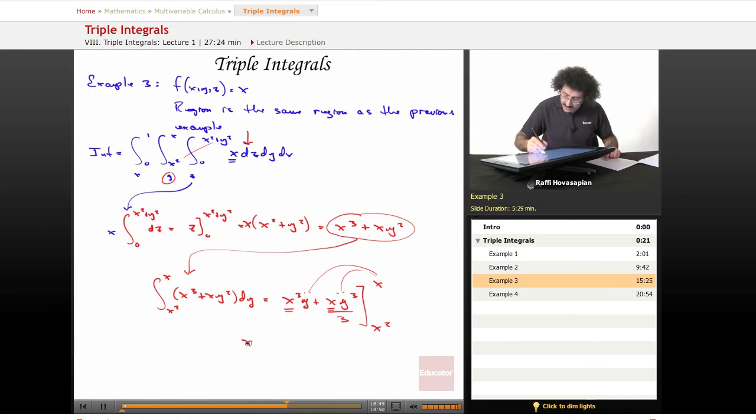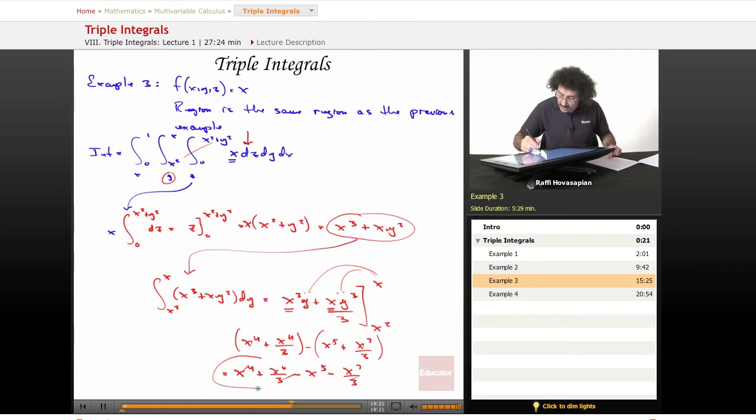I get x to the 4th plus x to the 4th over 3 minus x to the 5th plus x to the 7th over 3, which ends up equaling x to the 4th plus x to the 4th over 3 minus x to the 5th minus x to the 7th over 3.